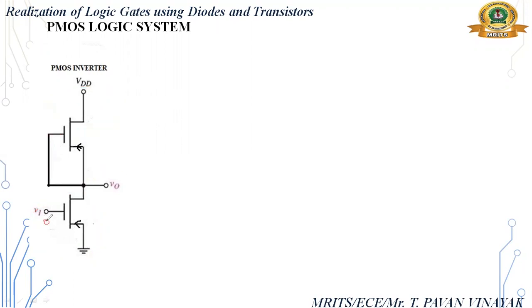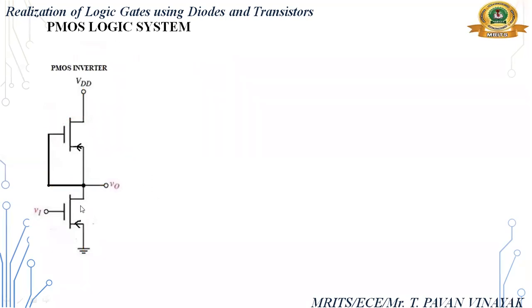Whenever I give 0 volts, what happens? This will be on. Whenever it is on, this is the connection, Vout is this one, and VDD comes like this. So output is 1.